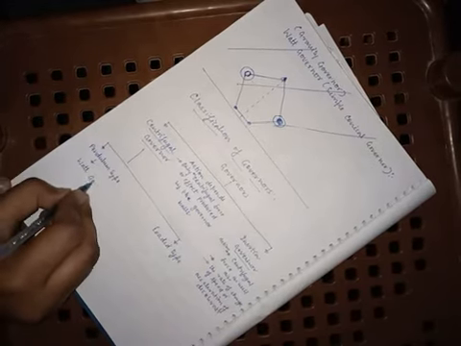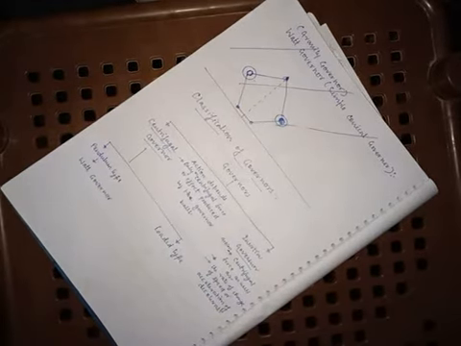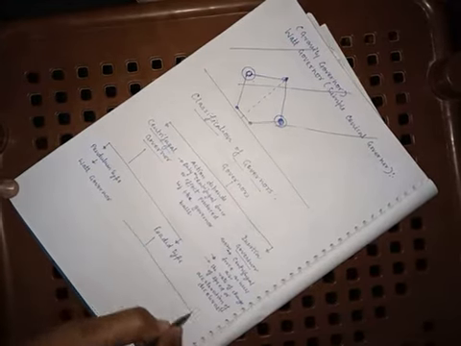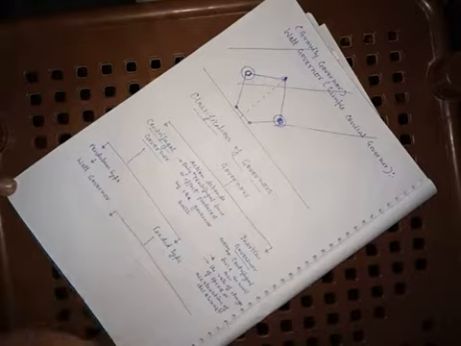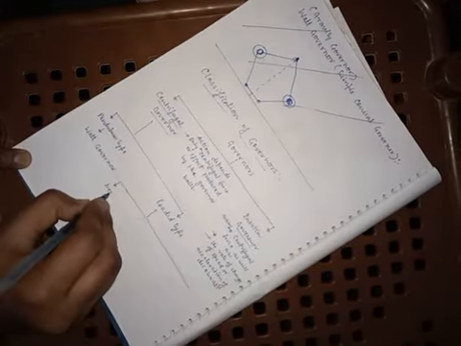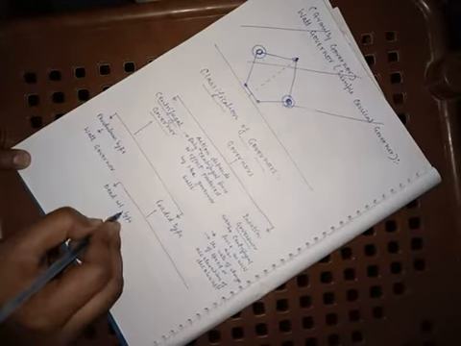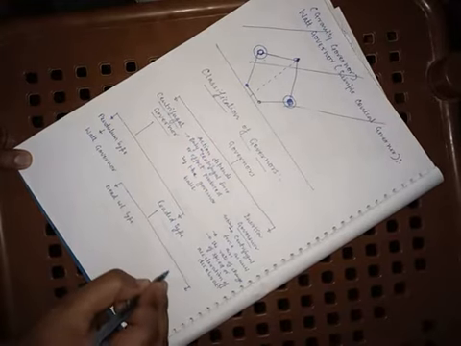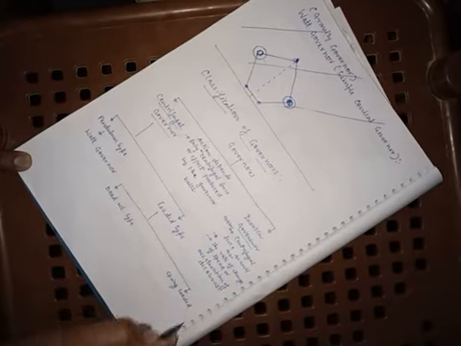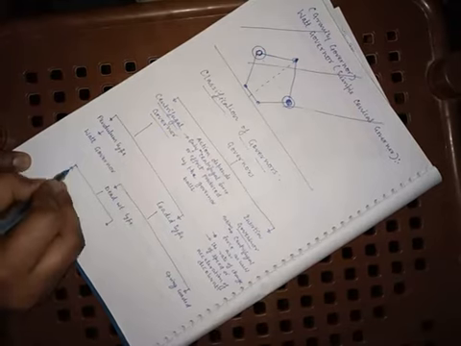Loaded governors are again divided into the categories deadweight type and spring loaded. Deadweight type governors are the Porter governor and the Proell governor.